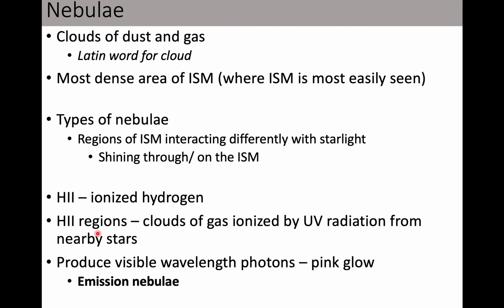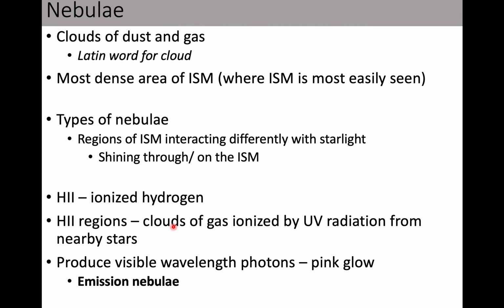An important component is ionized hydrogen. So remember, there's a lot of hydrogen in the ISM. This HII is the symbol for ionized hydrogen, which is excited hydrogen atoms. So where we have regions of these really excited hydrogen atoms is where we have the clouds of this gas that have been ionized or excited by the UV radiation from nearby stars.